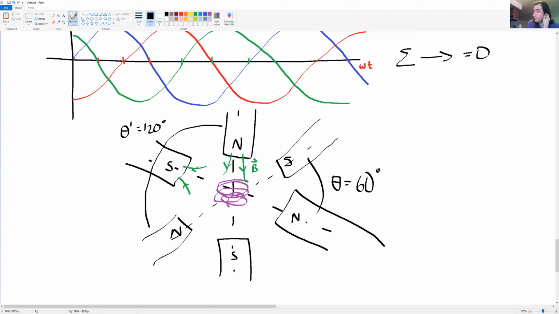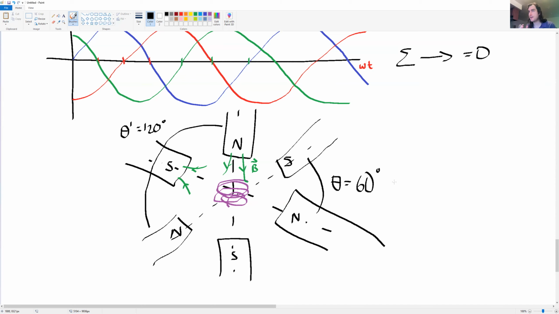So you get maximum flux, if I remember correctly. I have to think about it. I have to get back to you guys on that one, actually. There's some nice properties to a motor like this, or sorry, a generator like this.